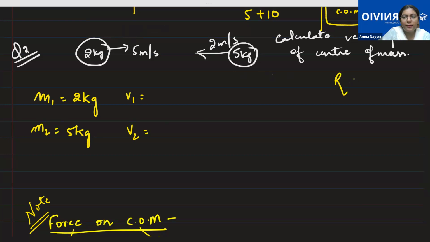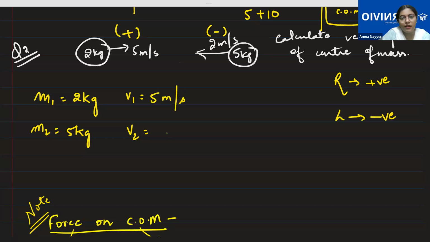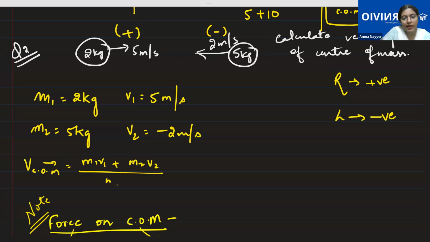Pick up any sign convention. Let's say right is positive, left is negative. So this will be 5 meter per second and this will be minus 2 meter per second. The velocity of the center of mass will be m1 v1 plus m2 v2 divided by m1 plus m2.